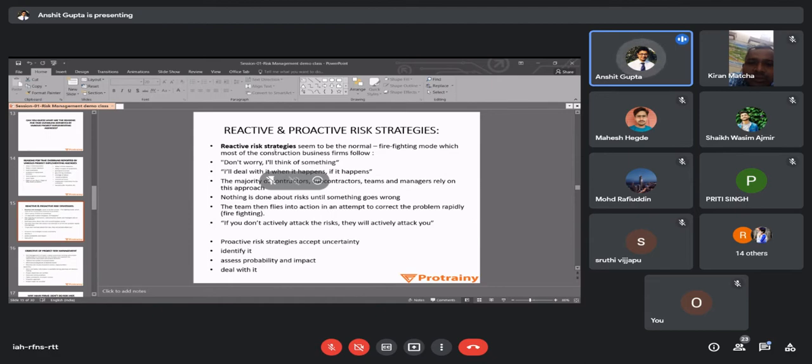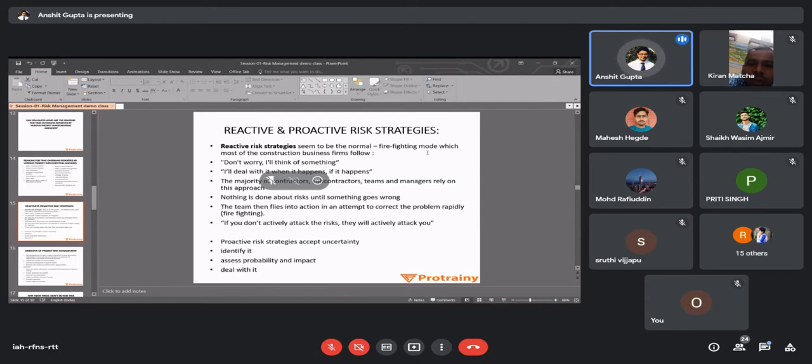So reactive risk strategy seems to be normal. Okay, firefighting mode. What happens at most of the sites, in any company, this is the actual reality in our industry. When the people who are able to anticipate the problem, they will not lay emphasis on that. The actual reason is because we all are so busy working our actual jobs, 12 hours, 14 hours as civil engineers.